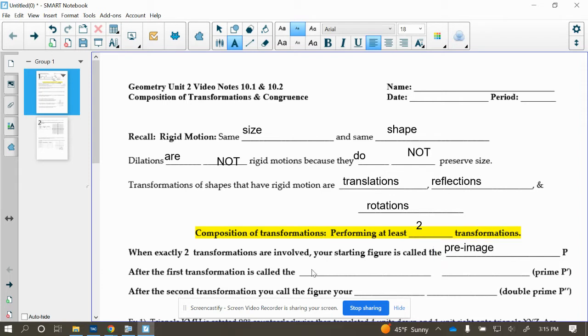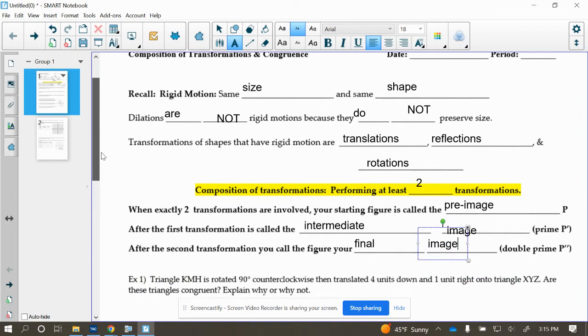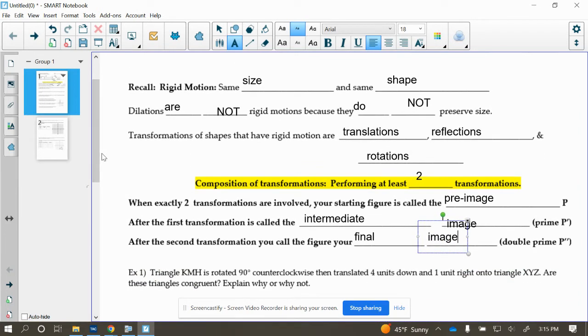And after we complete the first transformation, we call that the intermediate image. Okay, so it's kind of like your middle image, right? The intermediate one, and that's P prime for my example, P. After the second transformation, we call this our final image. And in this case, we use two apostrophes. We call that double prime to show the second one has occurred.